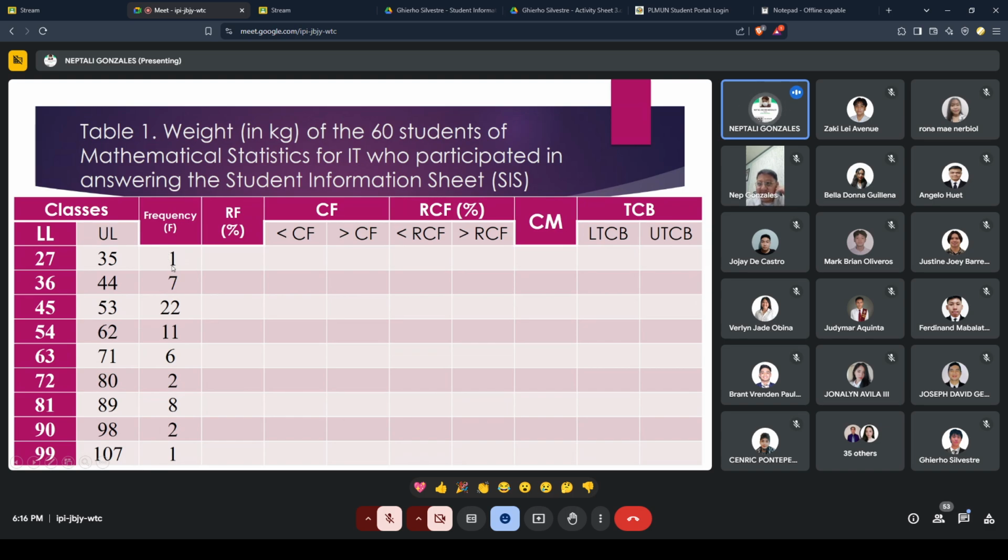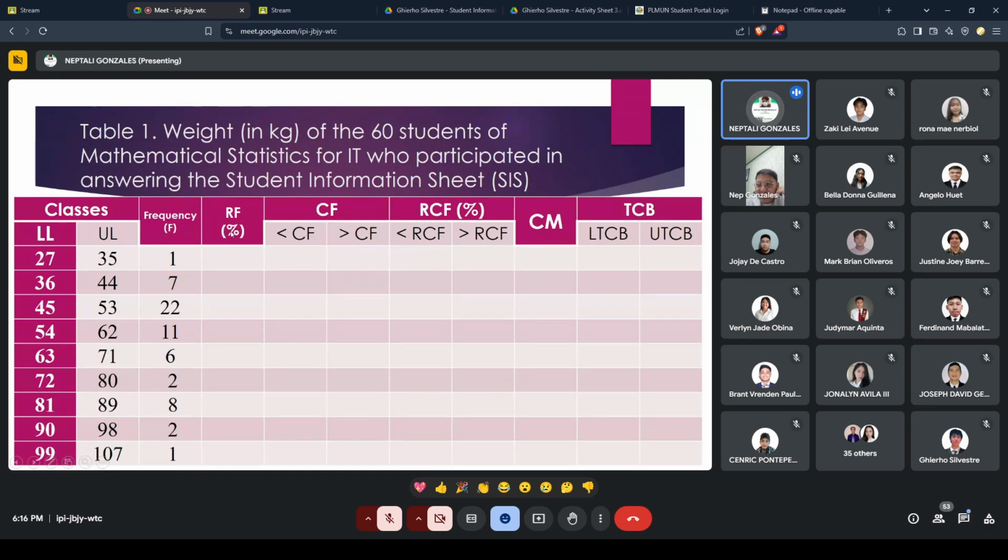So next, in the frequency distribution table, after knowing the classes, the lower limit and upper limit, and counting the frequency, we will now compute for the relative frequency or the RF.